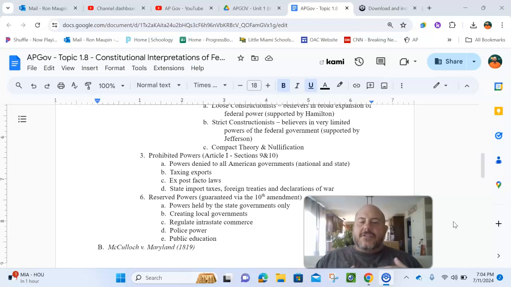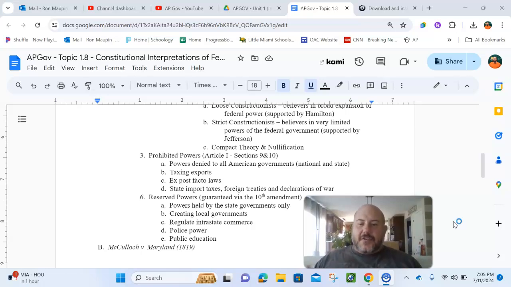The 10th Amendment also deals with trade within a state, what we call intrastate commerce. So anything that is purely commercial activity within a state is not technically run by the federal government. That's interstate commerce, between or crossing state lines. But if it's purely within a single state, then that is a state power.